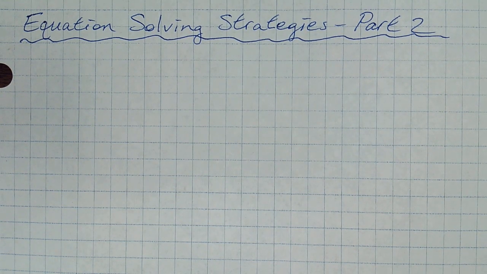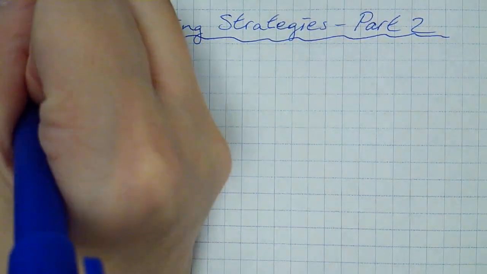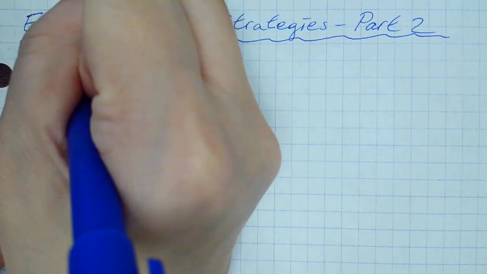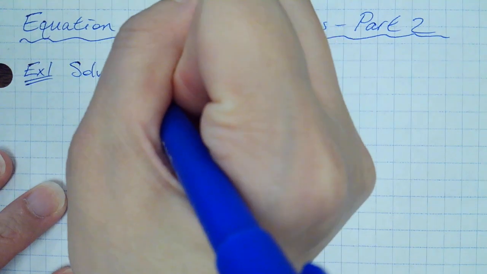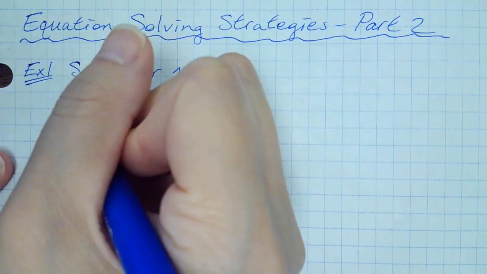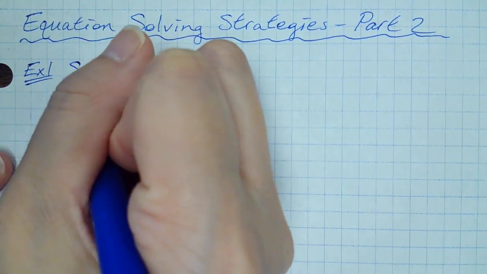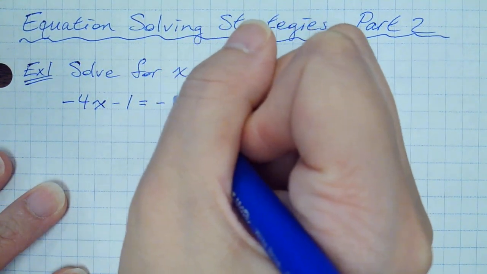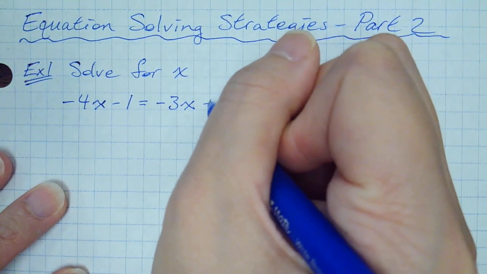Okay. So example 1. Solve for x. Negative 4x minus 1 equals negative 3x plus 5.